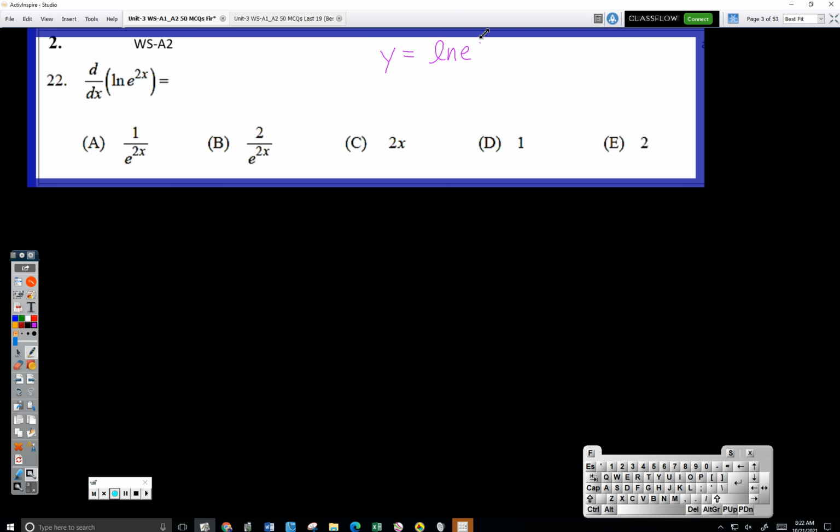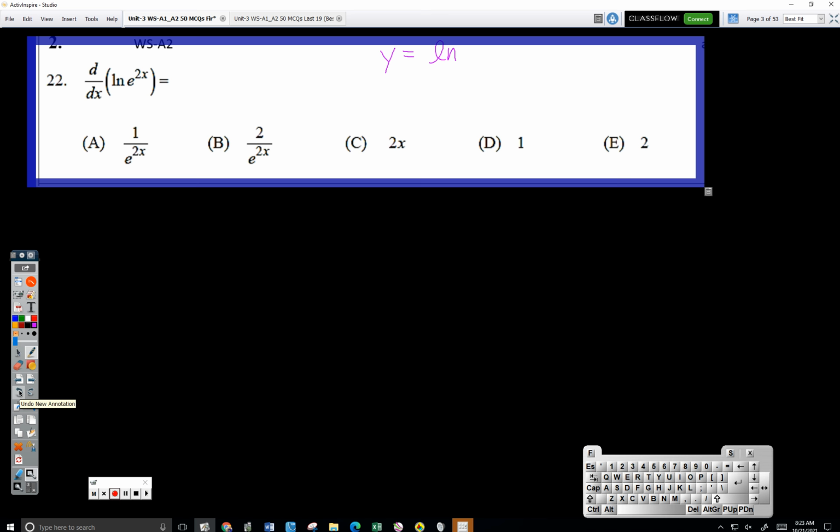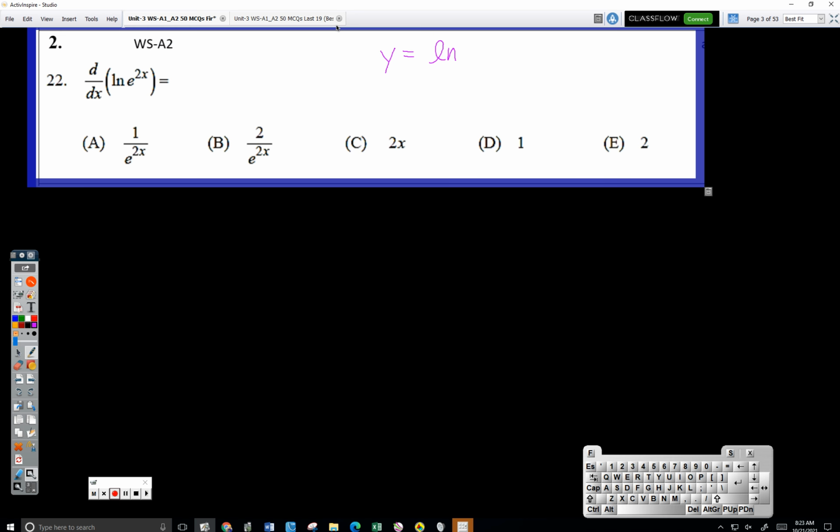Hold on. So we start with y equals natural log e raised to the 2x.